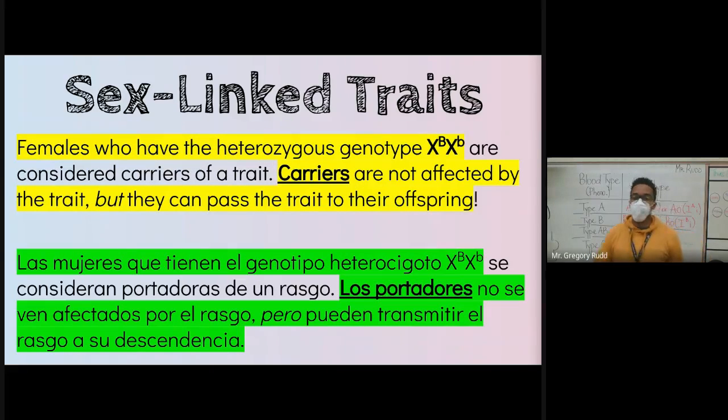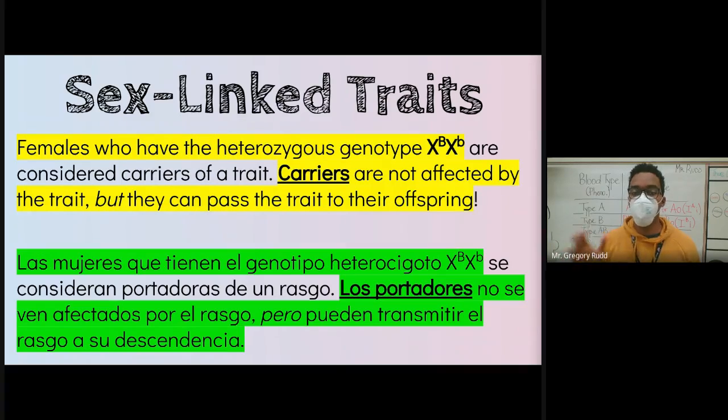All right. Now, females who are heterozygous, meaning that they have one dominant allele and one recessive allele, also have a special name. We call them carriers. This is because they actually carry the trait. They can pass it on, but they are not affected by it, because in order to be affected by the trait, you need to be homozygous recessive.